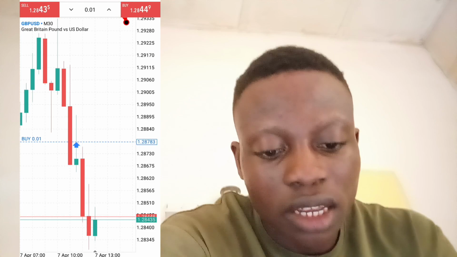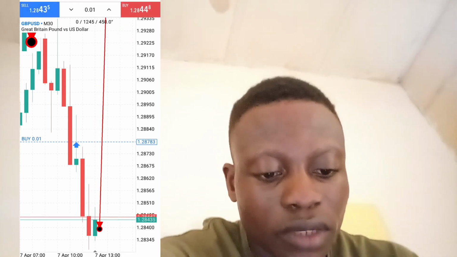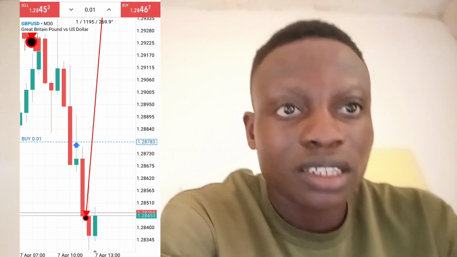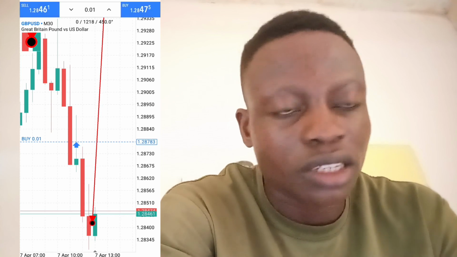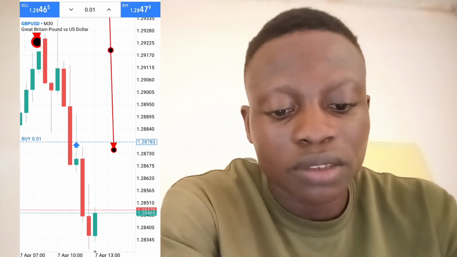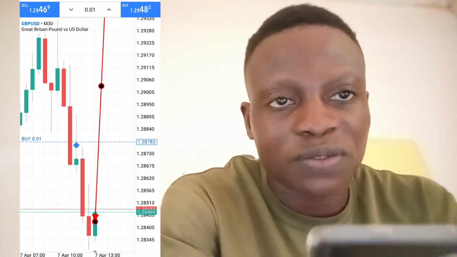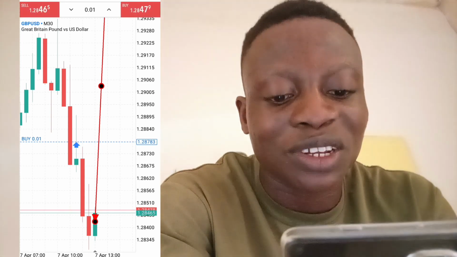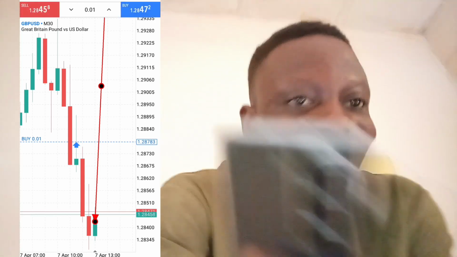If this candlestick engulfs this one, we have hope. But if it closes bearish again, there is no hope. So this is the only hope that we have. This engulfing candlestick that is forming is the only hope that we have now. So let's see how it will go.